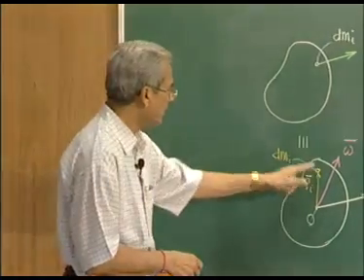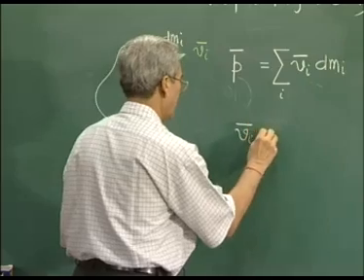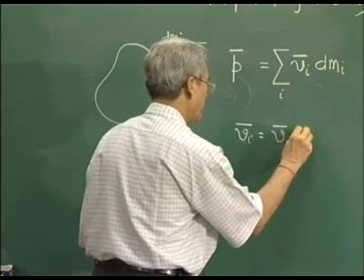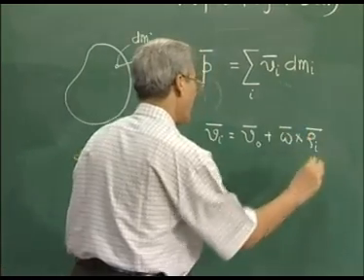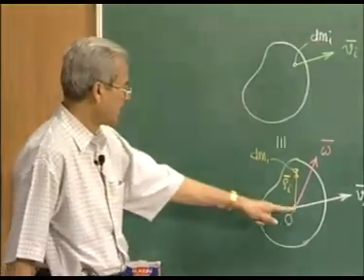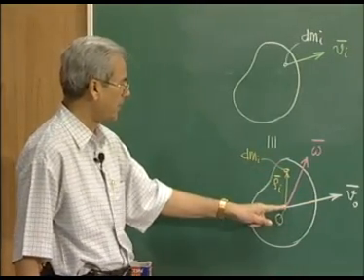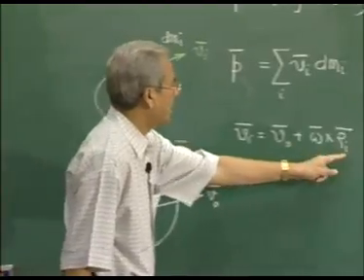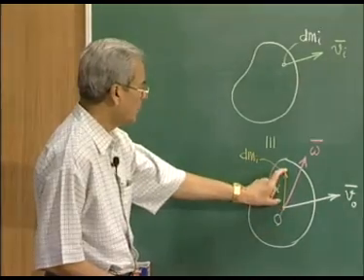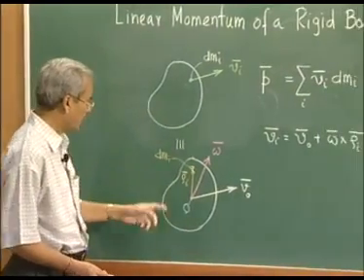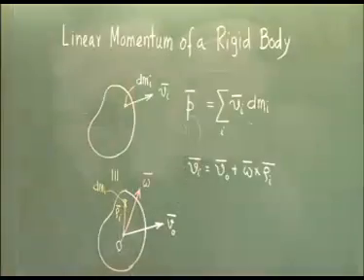So, therefore, the total velocity of this point will be the velocity of the point O plus omega cross rho i. So, the velocity of this point is vO plus the velocity of this particle with respect to this point, which is given by omega cross rho i, and we know that any relative velocity between 2 points on a rigid body has to be due to rotation, because the distance between the 2 points cannot change in a rigid body.